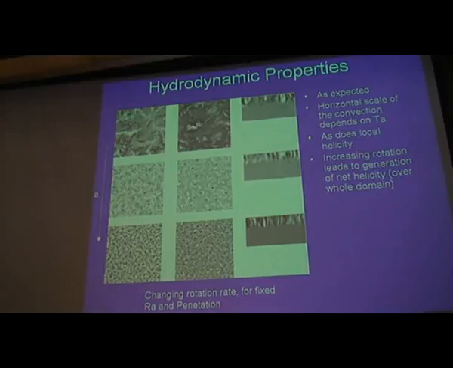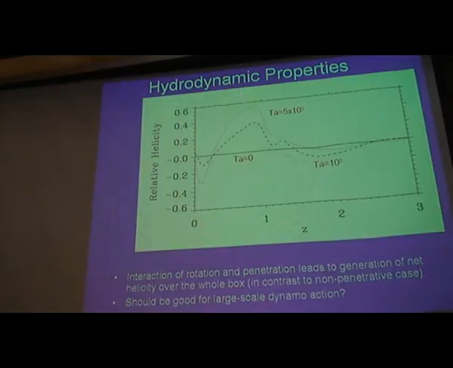And of course, now, because we're rotating, we can have some helicity, as David showed you yesterday. And this helicity, which you can see here, we've broken the up-down symmetry that David had before, which we said that the helicity between 0 and 0.5 has to be the opposite of the one between 0.5 and 1.